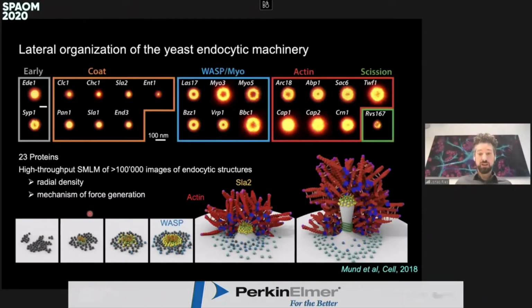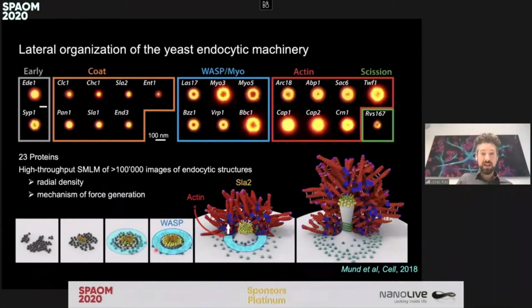So we now found that one protein, the so-called LAS17 protein, which is a WASP protein, forms a ring at the endocytic sites. WASP is required to branch new actin filaments off the old actin filaments. And that means we can only have a growth of this actin network where we have WASP. Because of this, new actin can only be added below the old actin. And this pushes up the whole actin structure. And since the actin is tethered to the membrane, this just pulls in the membrane through the center of the ring.